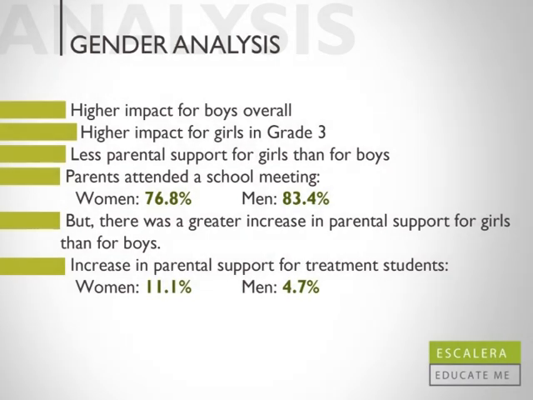Now we also conducted an analysis looking specifically at gender, and what we found was that overall there's a higher impact for boys, but when looking at grade 3 we find a higher impact for girls. We believe that one of the possible reasons why we see this difference centers around the topic of parental support for girls and boys.